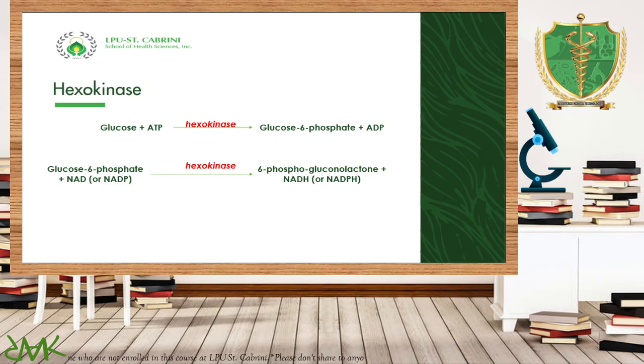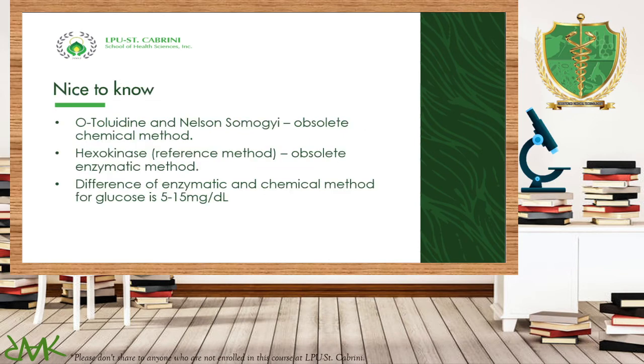Okay? Again, take note guys that our hexokinase method is our gold standard or our reference method for glucose analysis. However, it is now considered as an obsolete test. Okay? So I have here nice to know which I want you to take note and remember. Orthotoluidine and Nelson-Somogyi test are considered as our chemical methods, which are both considered as obsolete tests.